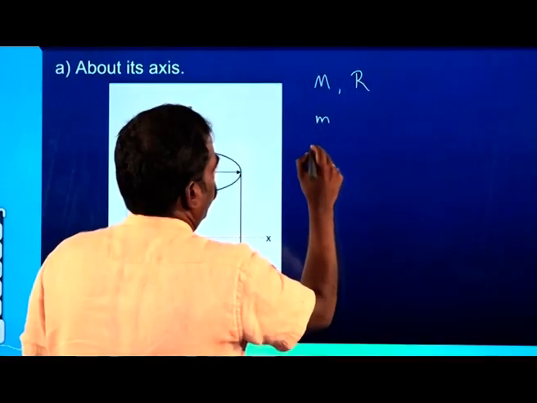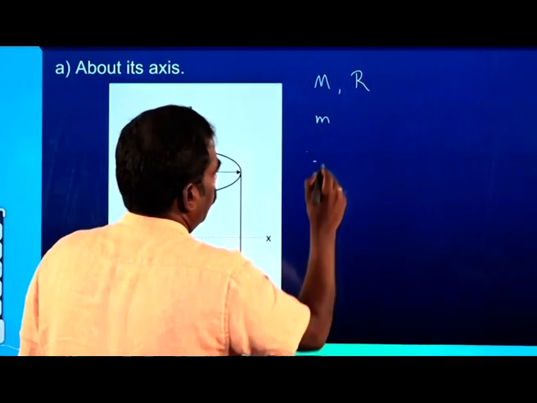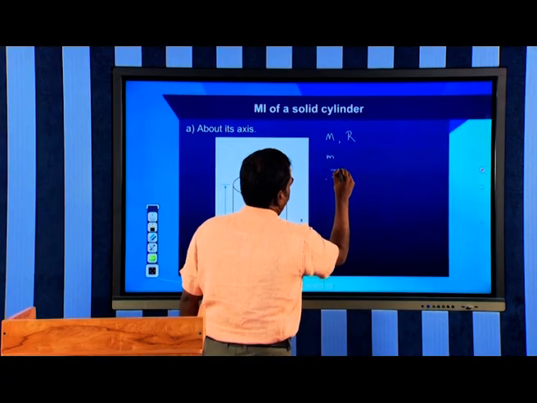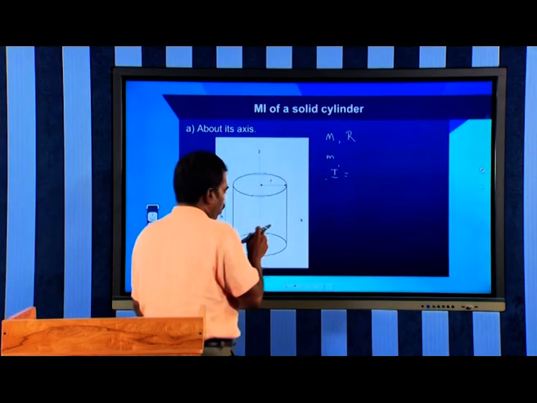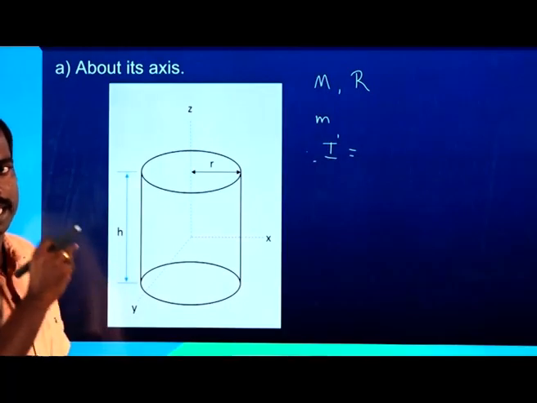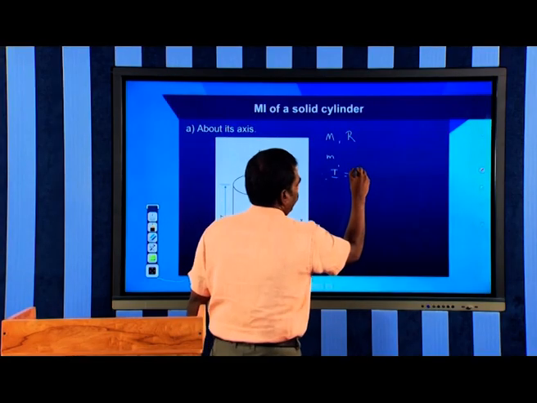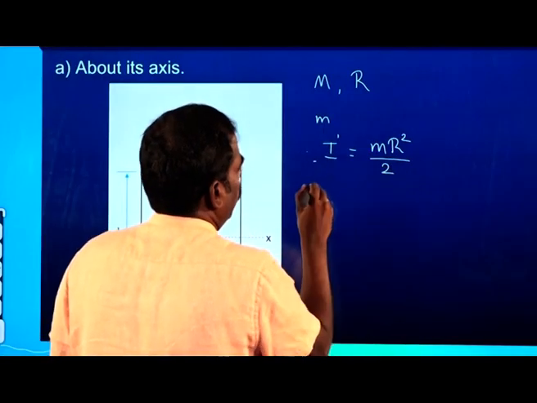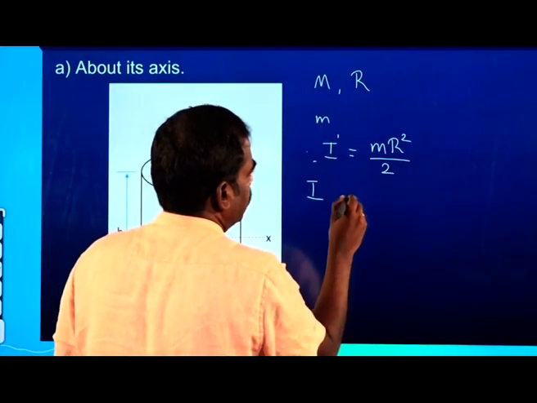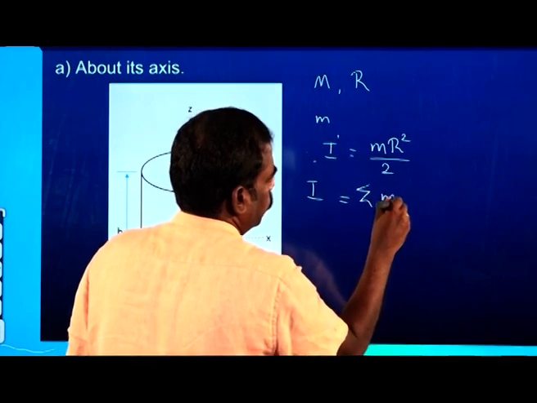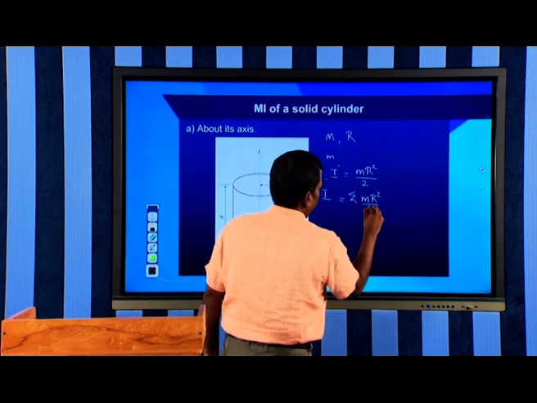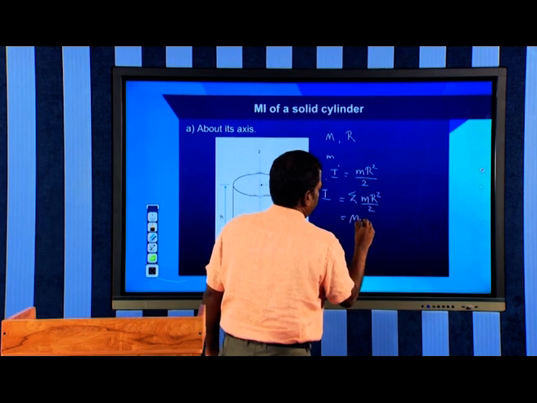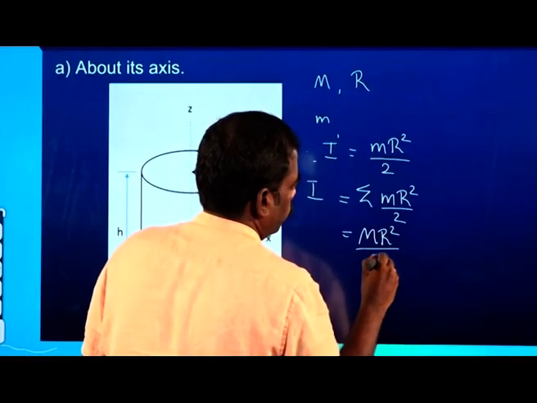So the moment of inertia of a circular disc of mass small m and radius capital R is small m r square by 2. The moment of inertia of the whole cylinder is sigma m r square by 2, which is nothing but capital M r square by 2.